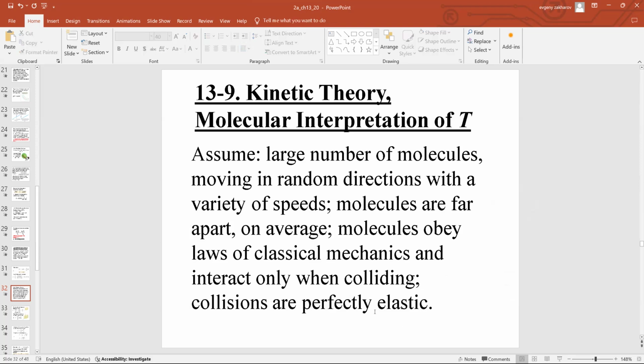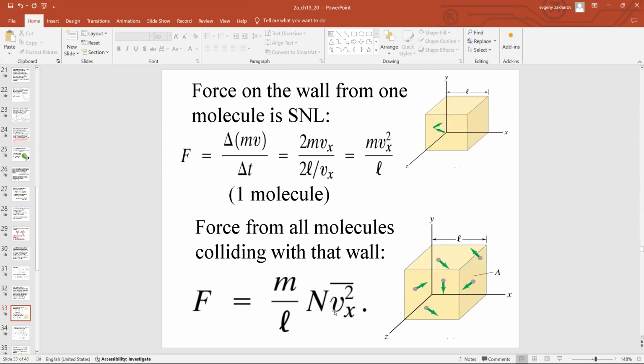So no gravity and no loss of kinetic energy for collisions. That's the model for now. If this is the model, then let's calculate the average force that atoms and molecules exert on a wall of a container.